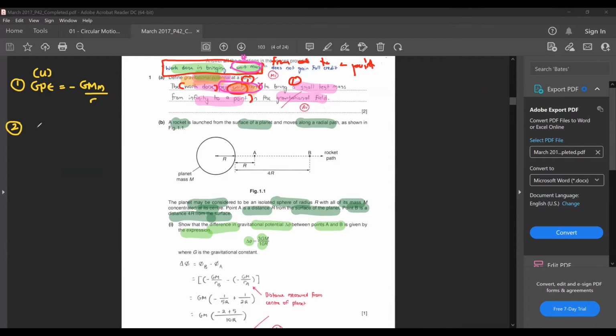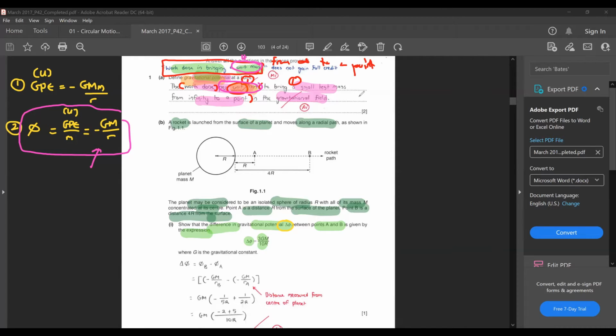Then the other one is gravitational potential, which is basically just GPE per unit mass, or rather it's U per unit mass. It will be negative GM over r. So they're asking for gravitational potential. We need to use this equation, specifically this one.